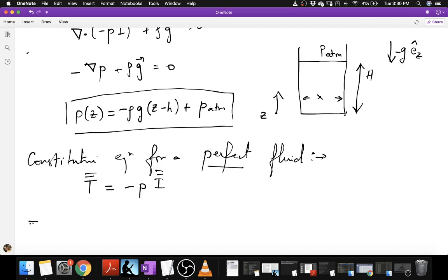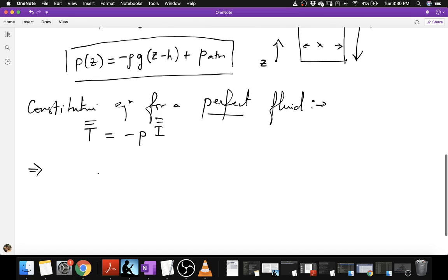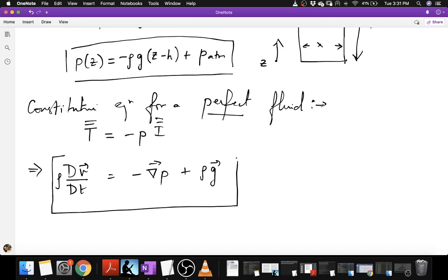So in this case, now the Cauchy equation of motion becomes, now remember we are considering a flowing fluid, so we would have rho DV/Dt, material derivative, equal to minus gradient of pressure. Of course, Euler didn't have Cauchy's equation of motion, he didn't have the general idea of the stress tensor.